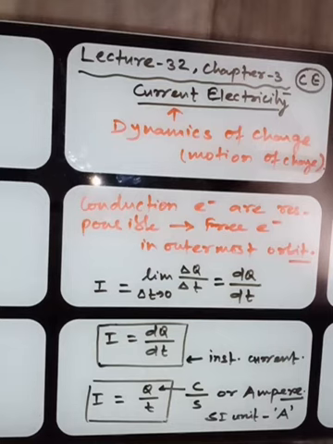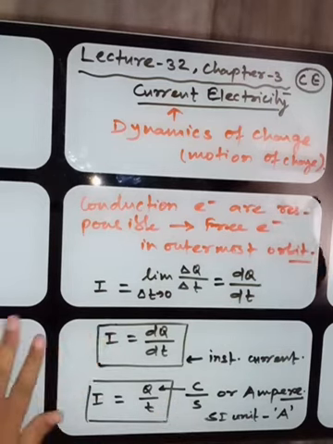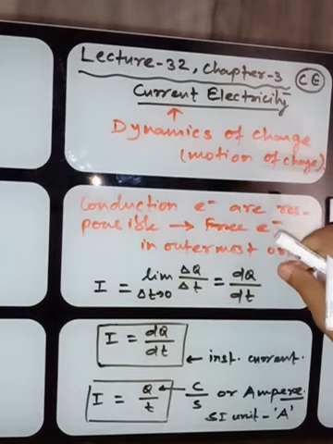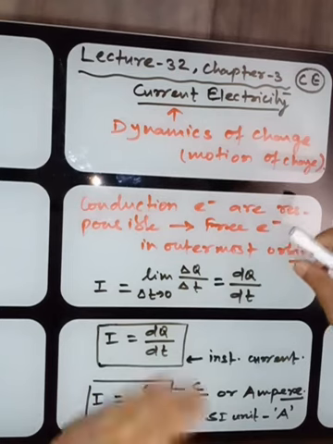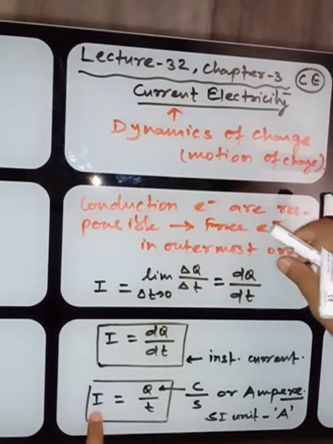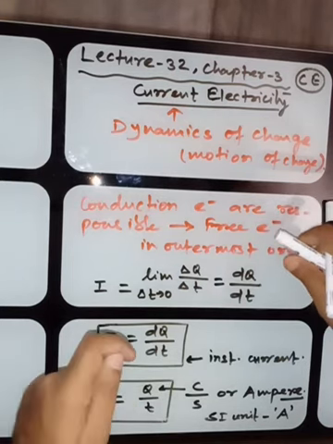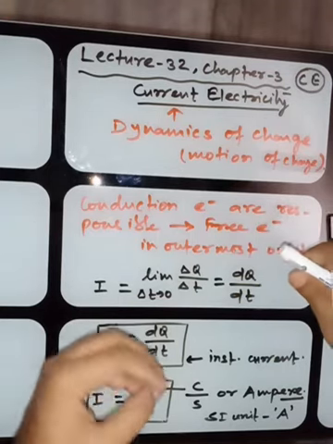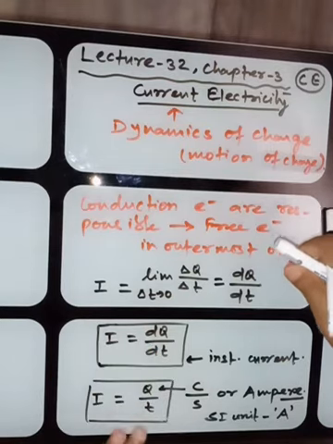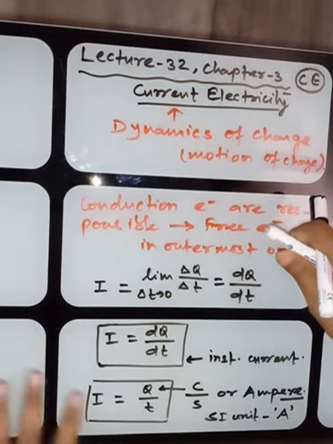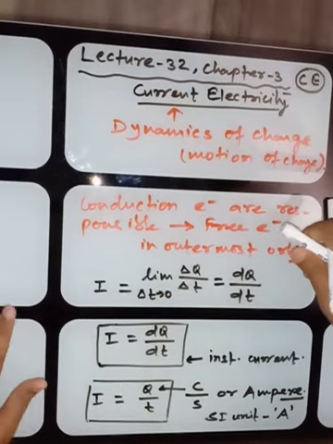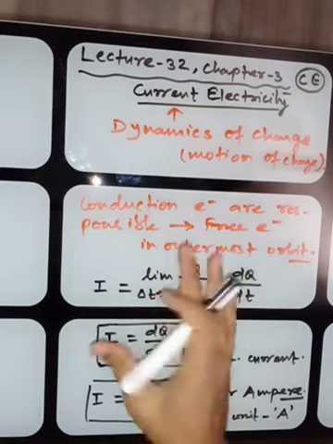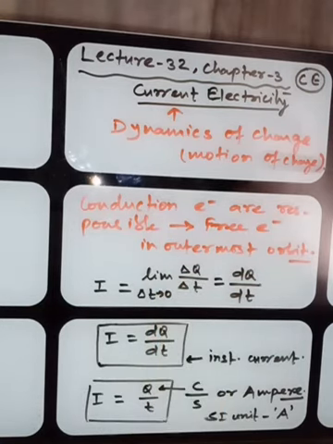Okay, my dear students, now you can solve a few questions that are very easy. Suppose I'm giving you the amount of charge and the time in which the charge flows through the conductor or crosses a particular area, then you can find the electric current. If I'm giving the number of electrons moving through any conductor and crossing it in 1 minute, 2 minutes, whatever the time may be, then you can find the current again. A very simple question. I'm going to write the data here and you can solve this as your homework.